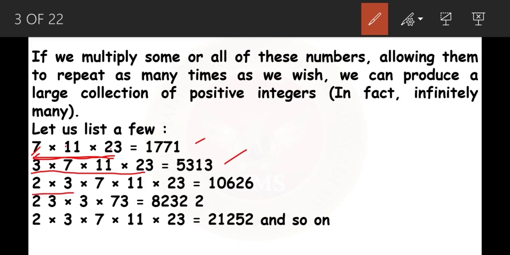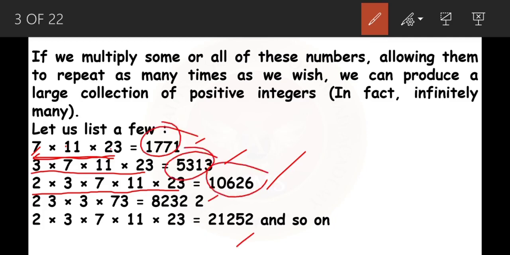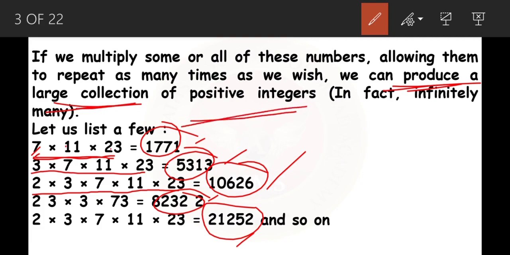If I multiply 2, 3, 7, 11, 23, then 10,626. In the same way, if I multiply different prime numbers, I am getting a natural number. How many positive numbers will I get? Infinite, because we can produce a large collection of this kind of positive integers.